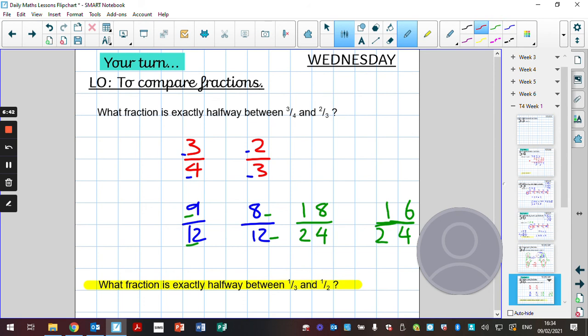Hopefully you've noticed 18 24ths and 16 24ths. The fraction which is halfway between is 17 24ths. So our answer to the question, what fraction is exactly halfway between 3/4 and 2/3, would be 17 24ths.